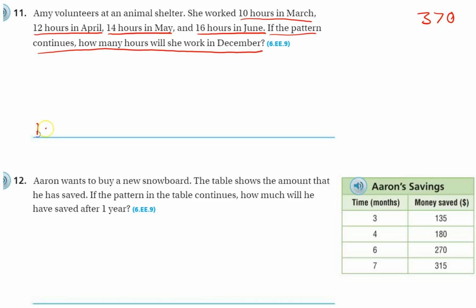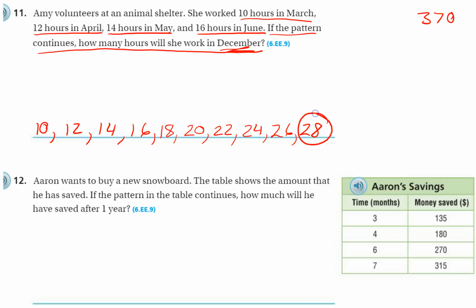So March was 10, April was 12, May was 14, June was 16, and we want to go to December, so June, July, August, September, October, November, December. How many hours will she work in December? 28 hours.